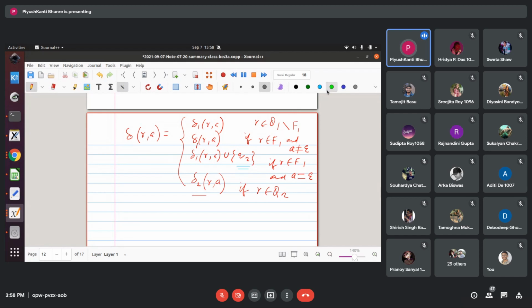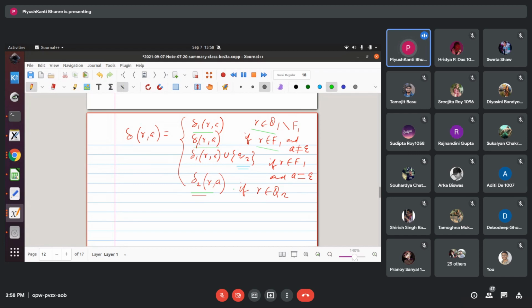Note that first, if R belongs to Q1, we simulate by delta 1. R belonging to Q1 is also simulated by delta 1 when A is not equal to epsilon, so the input symbol is non-empty. Now delta 2, we take delta 2 when it is in Q2.